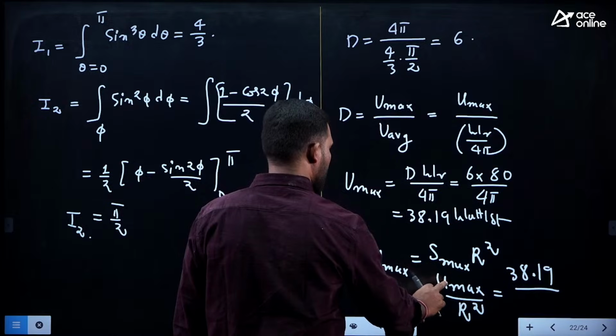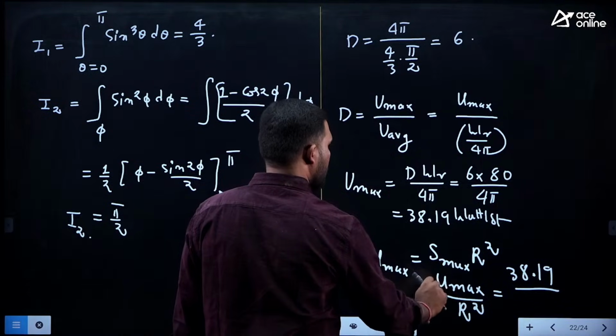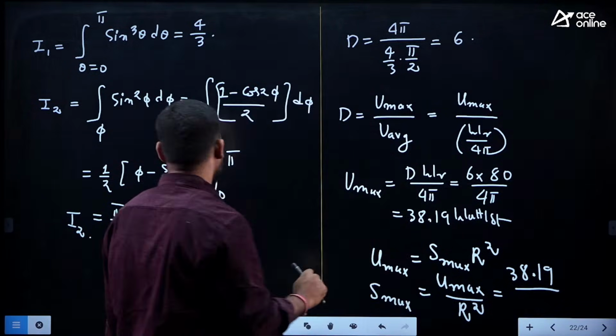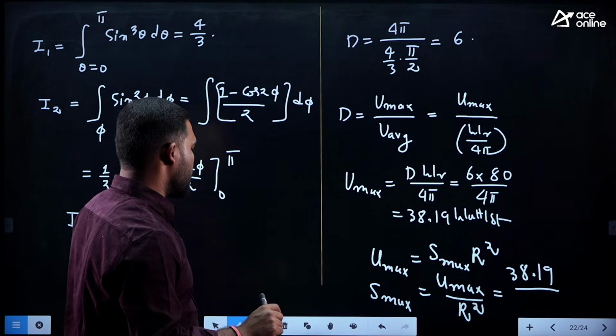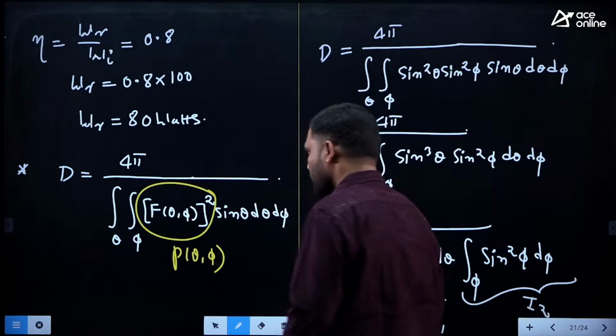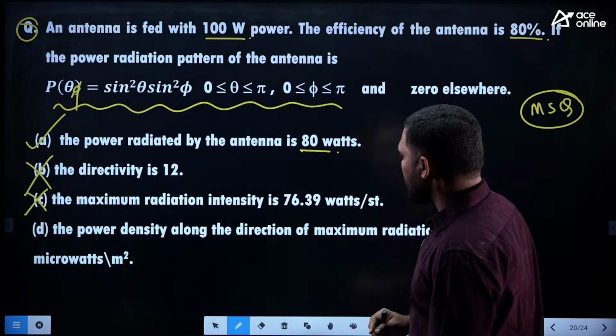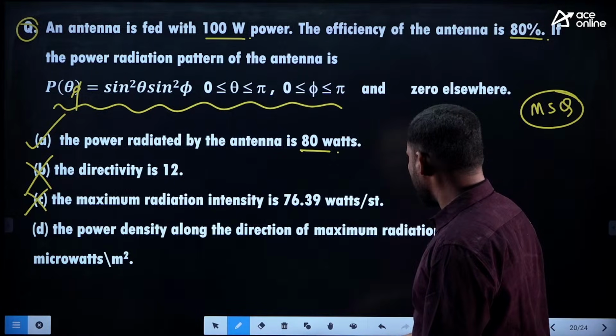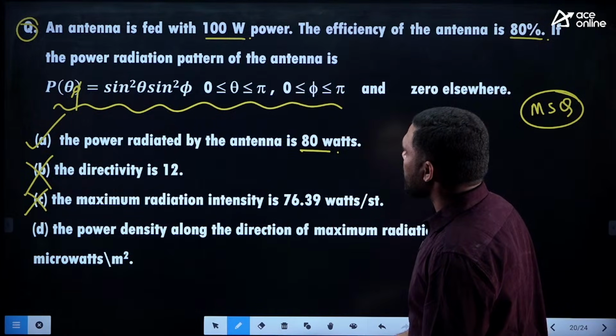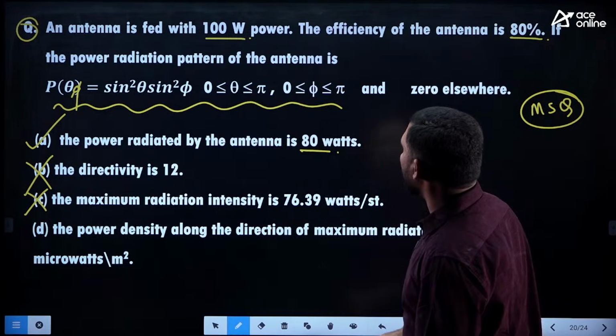So where is the distance here? There is no distance here. So we cannot answer this one. The power density along the direction of maximum radiation intensity needs a distance. So you cannot answer that.